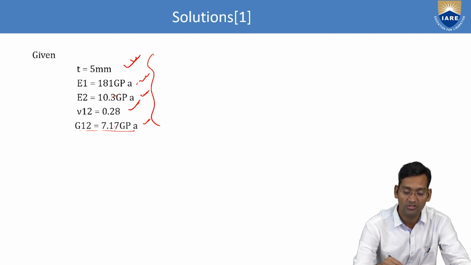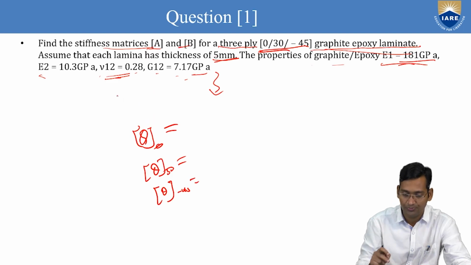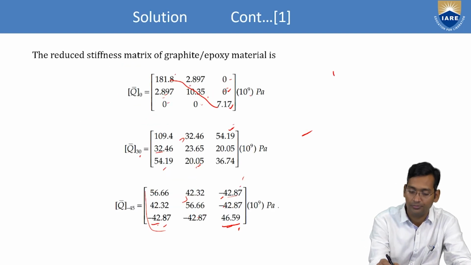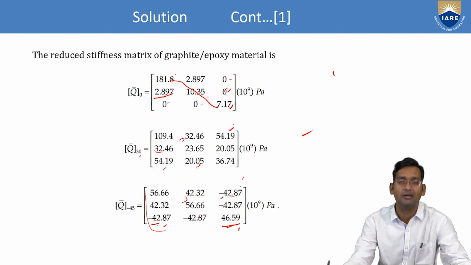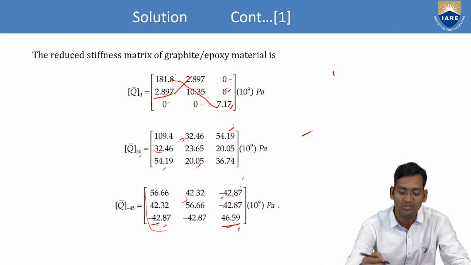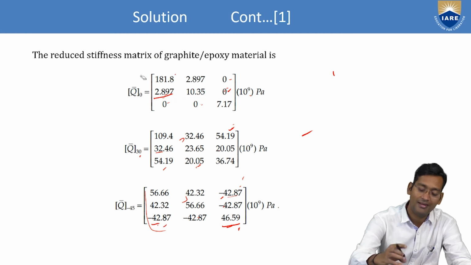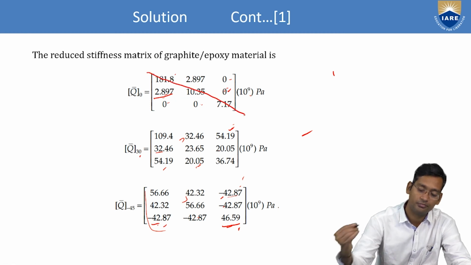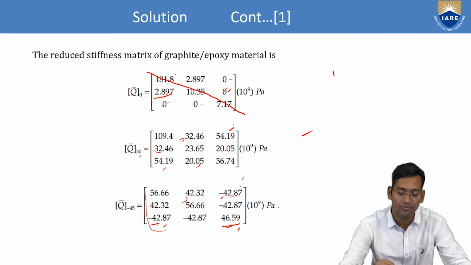From there, once you subtract these 2, you will get 2.897, and 10.3. In this case, this and this will just flip, because of diagonal symmetry. If this is 0, then this should be 0, and this is 0, then this also will be 0.